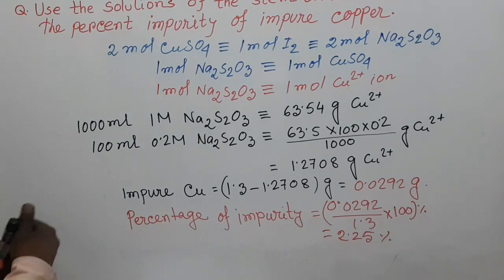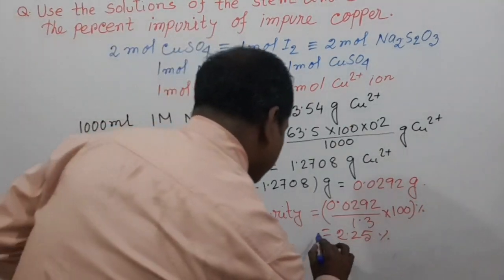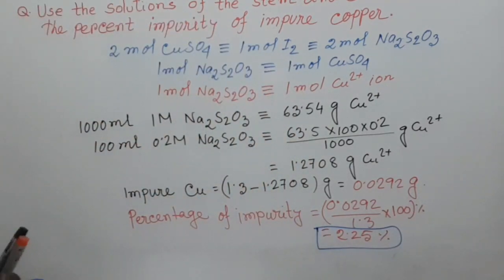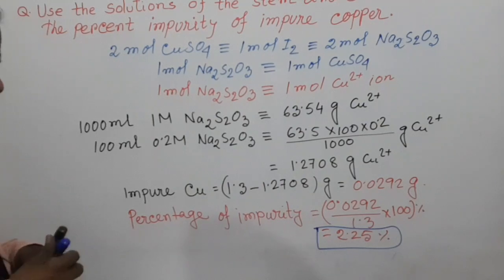So the percentage of impurity in impure copper is 2.25%.